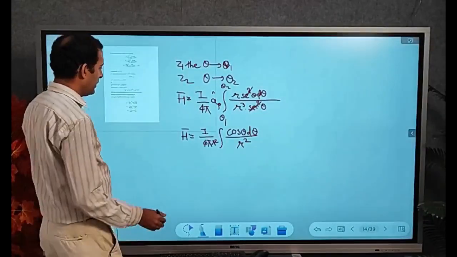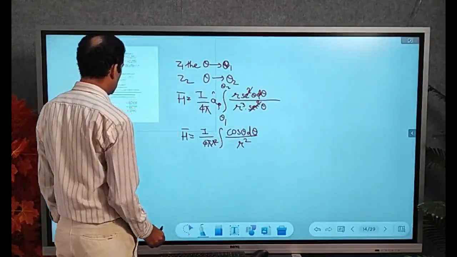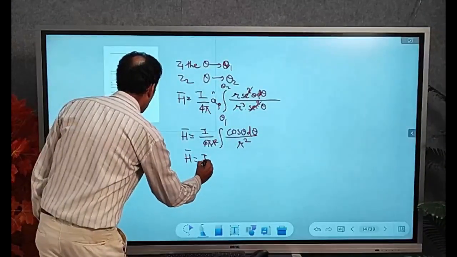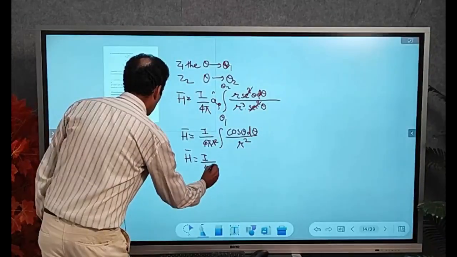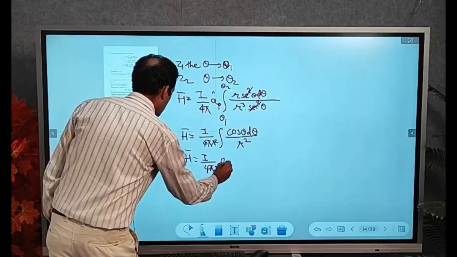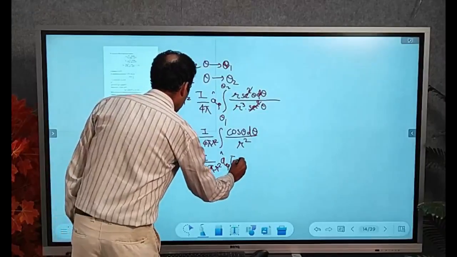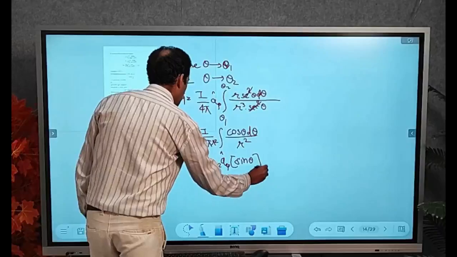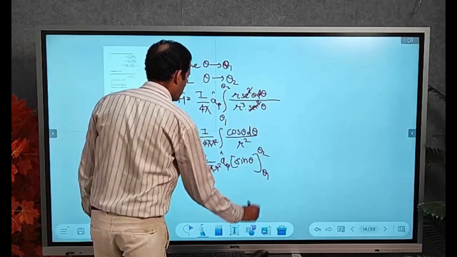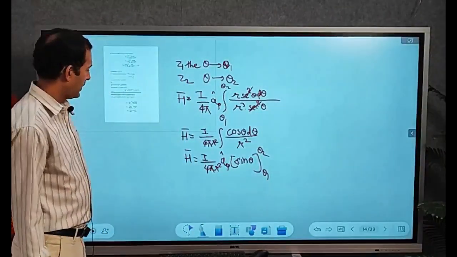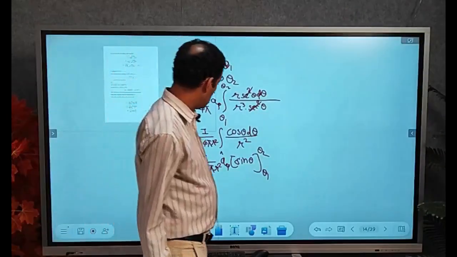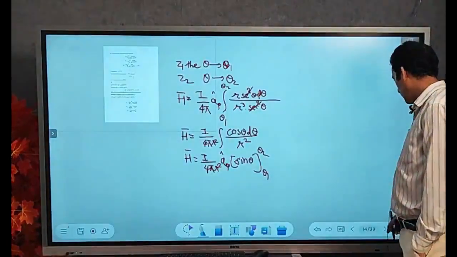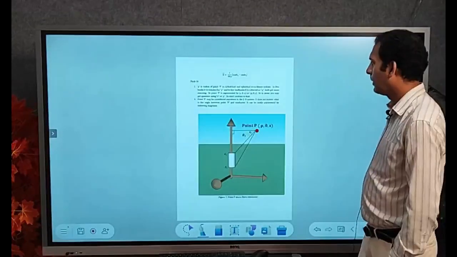Now if we take the integration, what we will get is H bar equal to I by 4 pi r square a phi cap sin theta, for limits from theta 1 to theta 2, right? So we'll put the limits, and it will become sin theta 2 minus sin theta 1.